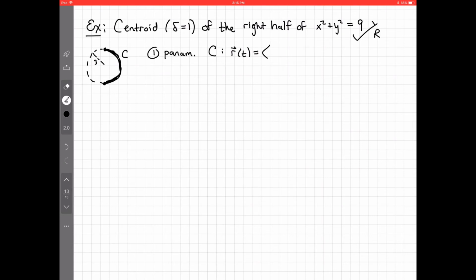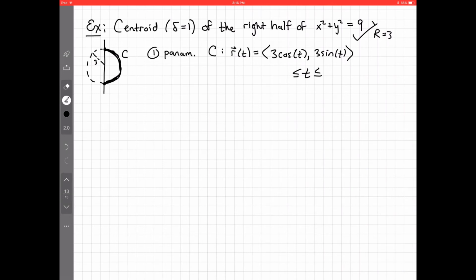This is a circle whose radius is 3, so we'll have 3 cosine t, or cosine theta if you want to use theta as your parameter, 3 sine t for the y component. And then what we need to be careful about is the domain for t. We want this to only sweep out half of a circle, specifically the right half.